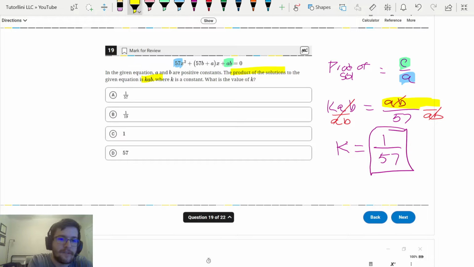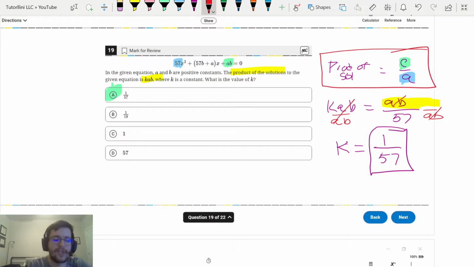Very honestly, right? Very straightforward question if you knew this equation. If you did not know this equation, no chance, like 0 chance, like no way you can do it. Anyway.